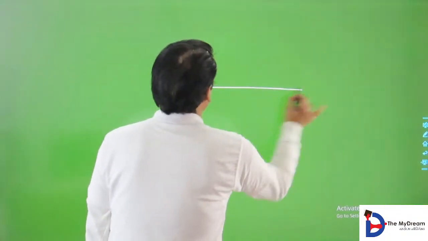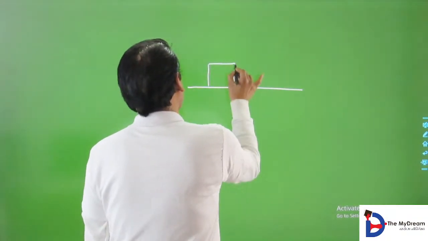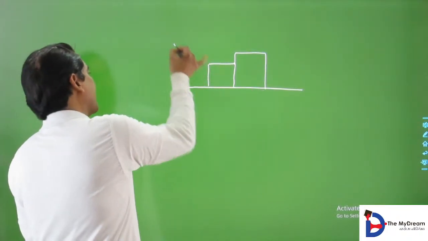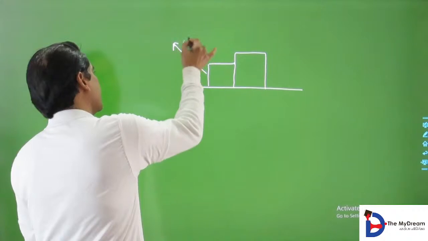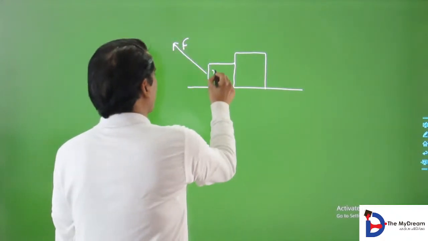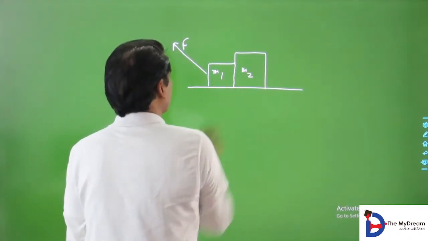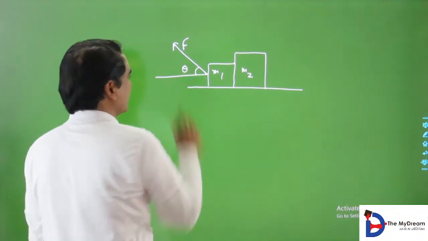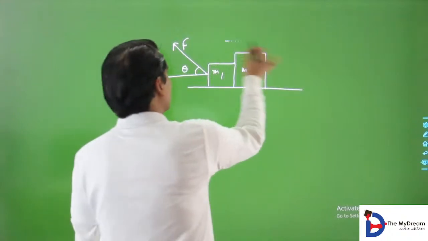These are the two blocks, and you are applying a force like this. This is of mass M1, this is of mass M2. The force makes an angle theta, and the system is moving like this.